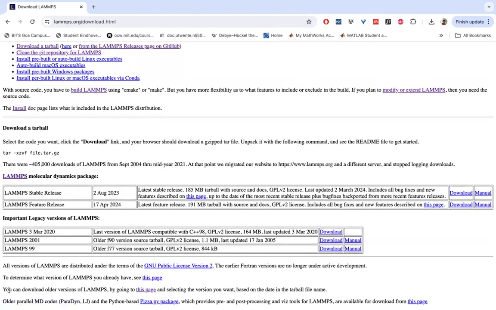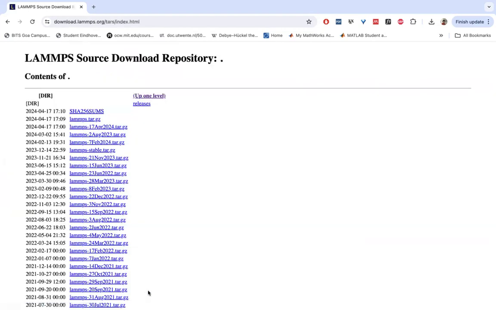LAMMPS releases regular versions from time to time, and it releases them on its website as shown here. Now, to download this particular version of LAMMPS, you need to go to the page here. All you have to do is scroll to the bottom of the page and then click on this particular link here.